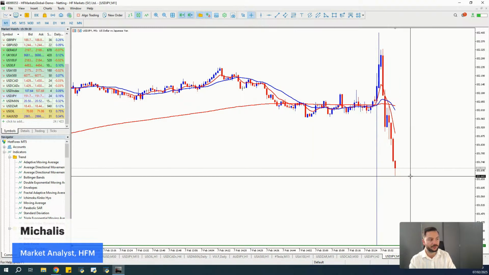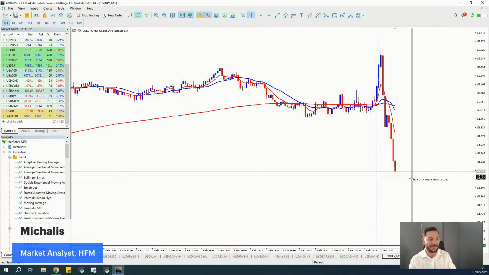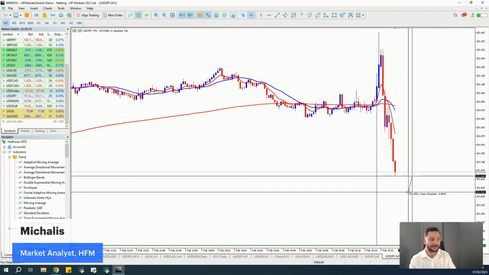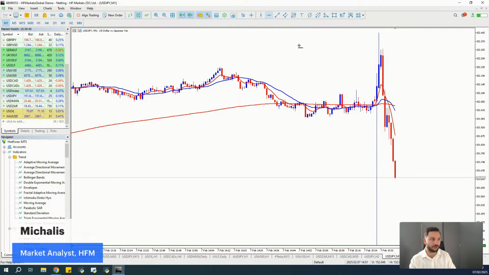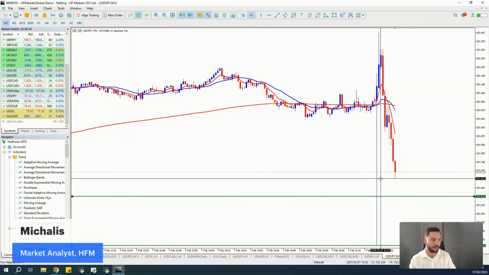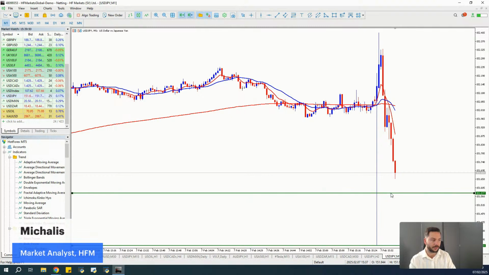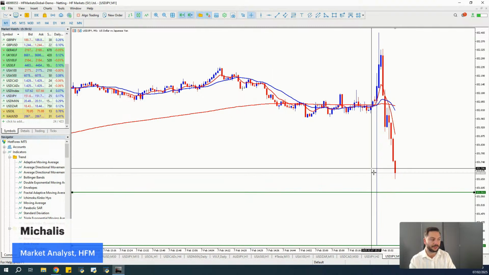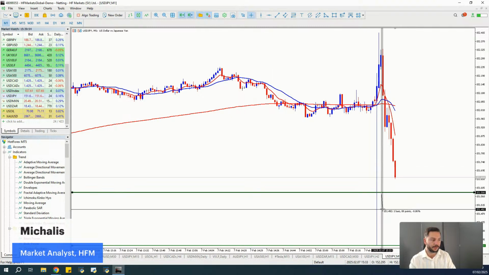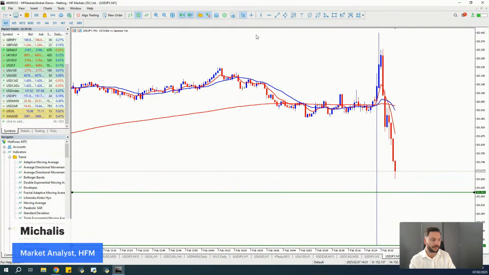Now, for those individuals that don't want to open a trade all at one price, you can look at scaling in. So for example, entering now, but then entering a second trade here, 0.05% lower. Where's the current price? There's the current price, so basically slightly higher. So entering a second trade there, then entering a third trade here.